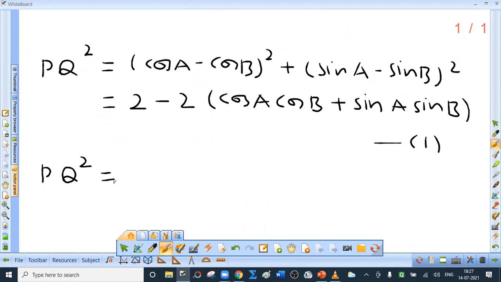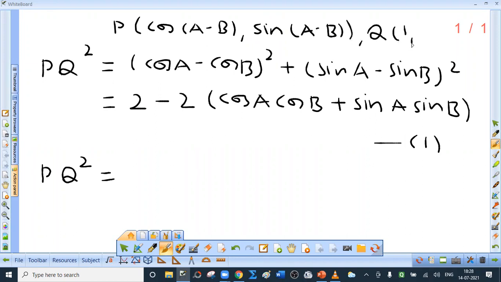If you want, I'll write coordinates of P and Q here also. So P, I said, is cos of A minus B, sine of A minus B. And what is Q? (1, 0).